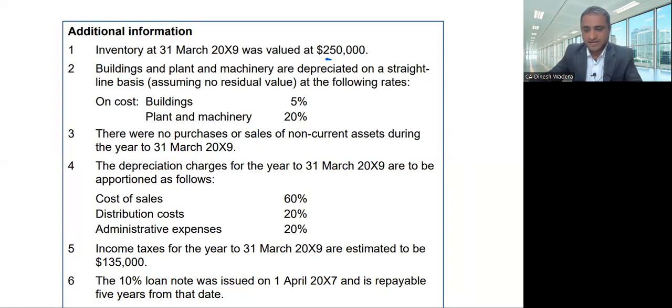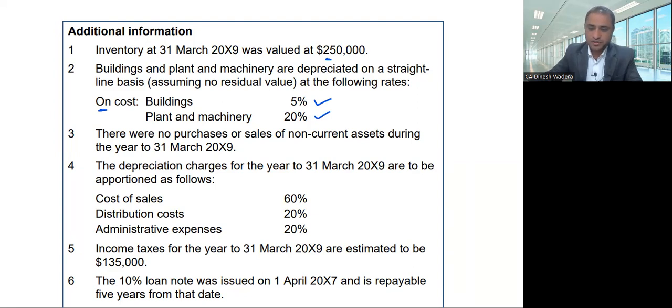While they say building and plant and machinery will be depreciated on the straight line basis, assuming that there is no residual value. On cost, they have already given us that building is to be depreciated at 5% per annum, whereas the plant and machinery will be depreciated at 20% per annum.